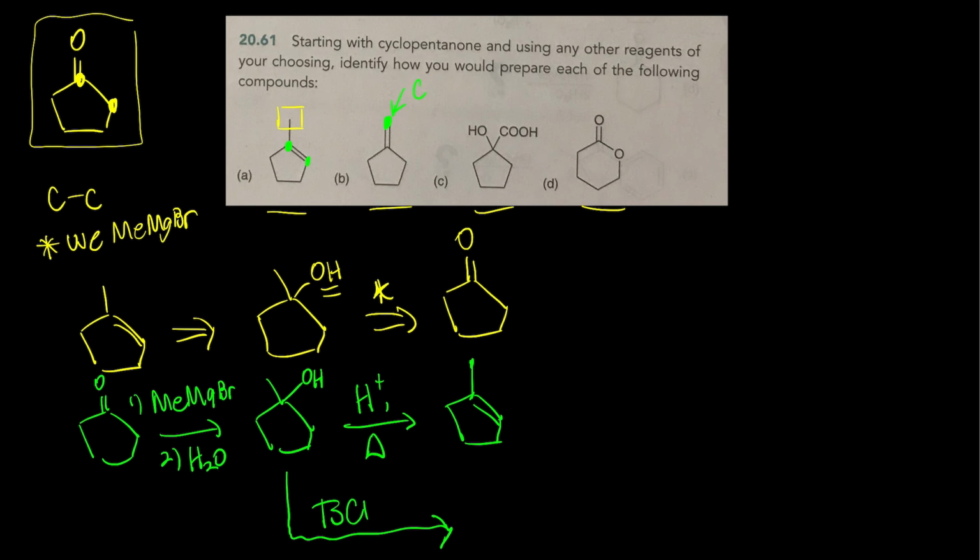Well, one way to do that is to create a tosylate, so tosyl chloride in pyridine, okay? That will give you the tosylate. This is from stuff we've learned in the alcohol chapter. And now we can treat this with potassium tert-butoxide, for example, and this will give us the corresponding alkene there, okay?